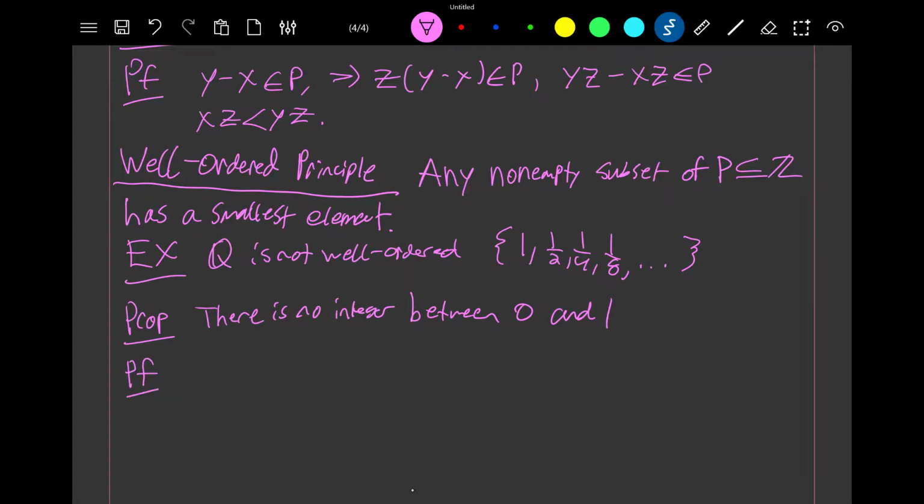So here's the proof. We're going to do a proof by contradiction. Assume for the sake of contradiction there is some integer, and it's between 0 and 1.